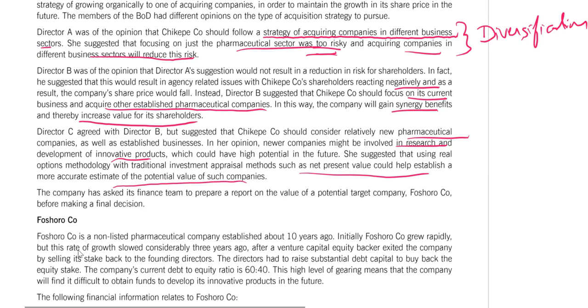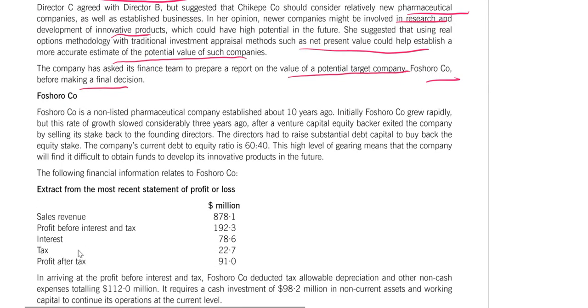The company has asked its finance team to prepare a report on the value of the potential target company, F company, before making a final decision. Okay, F company is a non-listed pharmaceutical company established about 10 years ago.